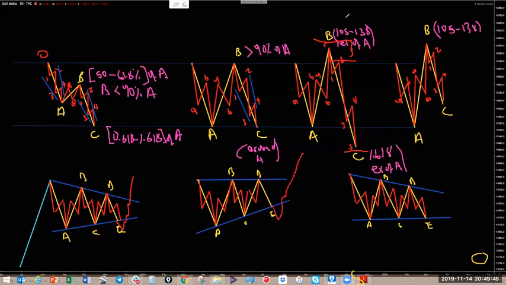That is possible on a triangle. It can also undershoot, become short and then go. That also happens within a triangle. It can also do this and then go. So all of that can happen in triangles.